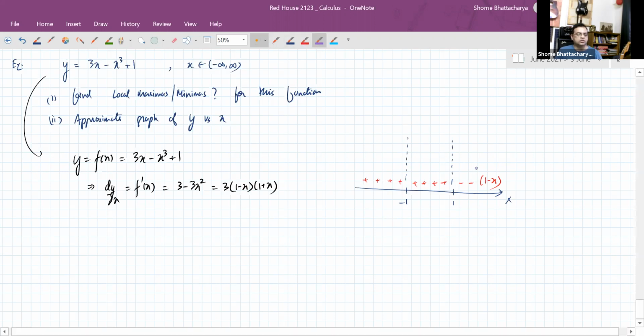And then there is 1 plus x, which is negative the moment x is less than -1, but positive otherwise. So the derivative, which is 3 into 1 plus x into 1 minus x, is negative here, positive here, and then again negative here. From this derivative, we can say the function is decreasing, increasing, and decreasing. So the behavior of the function is going to be something like this.